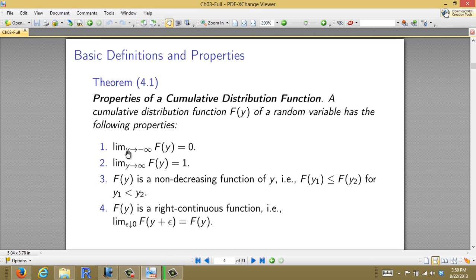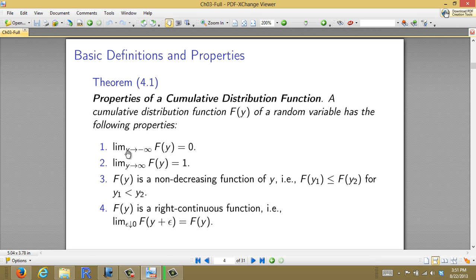And the CDF has various properties. These are things that can be proved using set theory fairly easily. So the properties that are useful to know are that a CDF has the following properties. One is that as we let lowercase y go to negative infinity, the value of the CDF is equal to 0.